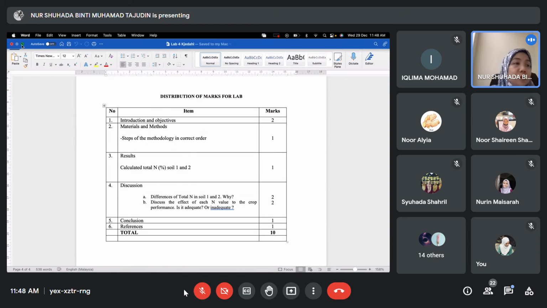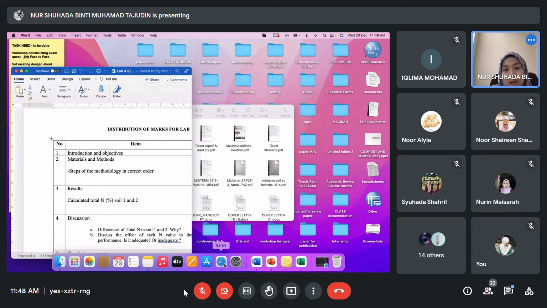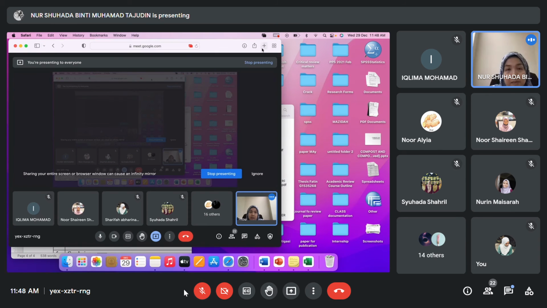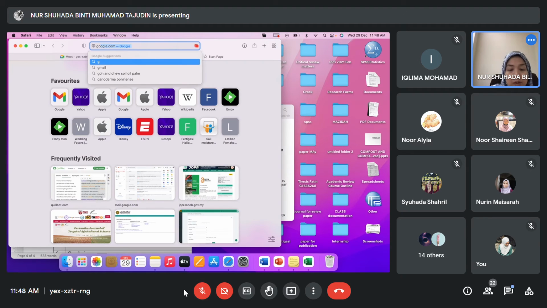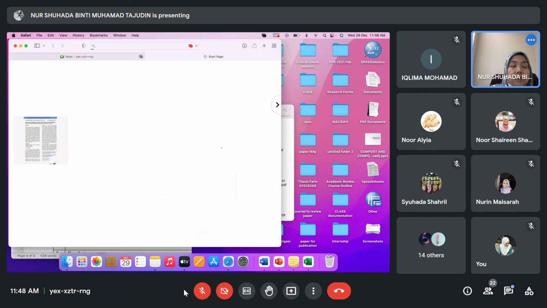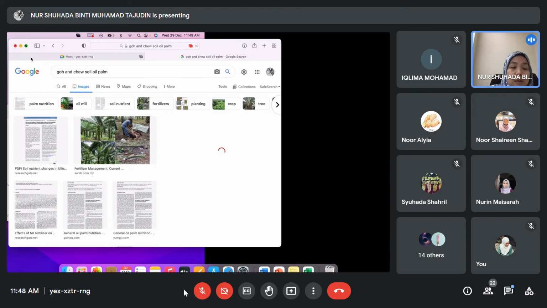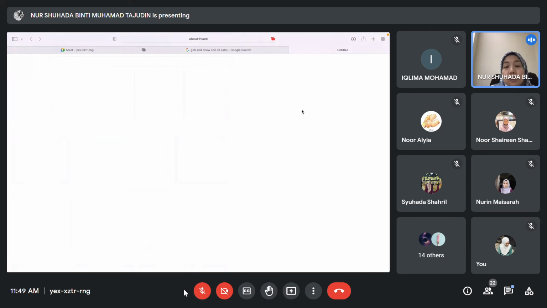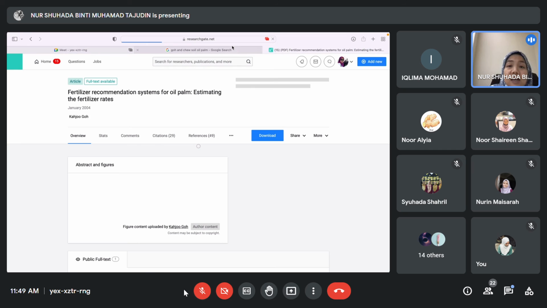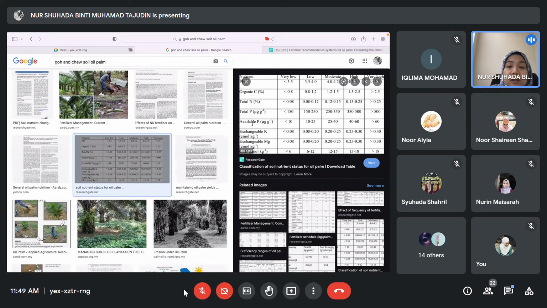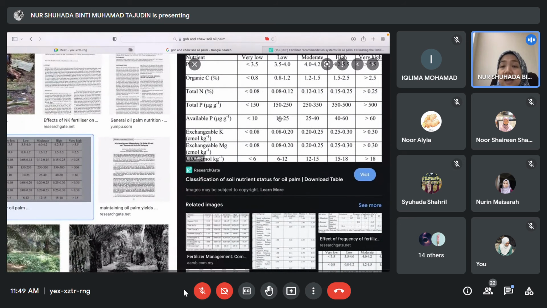Okay, saya bagi satu contoh. You boleh guna untuk other crops juga. Okay, so ini adalah optimum levels untuk nitrogen yang kat dalam oil palm, dalam tanah oil palm.